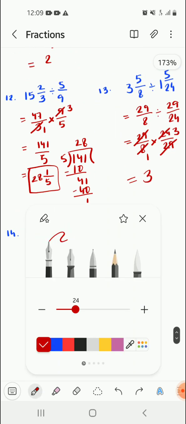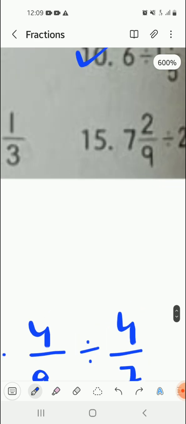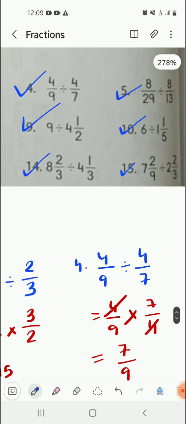Moving on to the last question, number 15. 7 and 2 by 9 divided by 2 and 2 by 3.